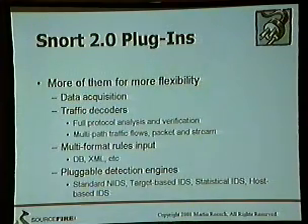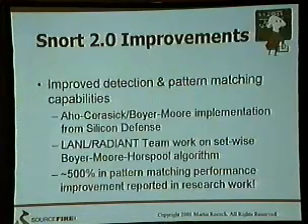We're going to be able to do things like standard, regular network IDS, target-based IDS, where you marry the IDS with a scanner like Nmap, statistical intrusion detection, host-based intrusion detection, gateway intrusion detection. You'll be able to drop these analysis engines into Snort as modularly as you can drop regular plugins into Snort right now. So if you have some cool new detection strategy that you want to try out, you can actually drop that right into Snort.